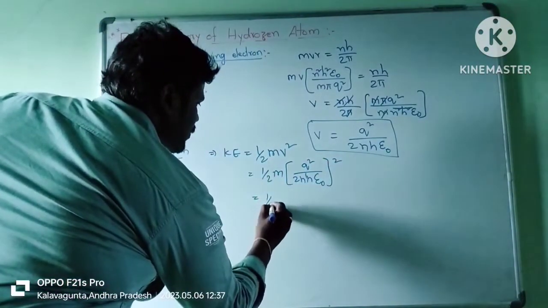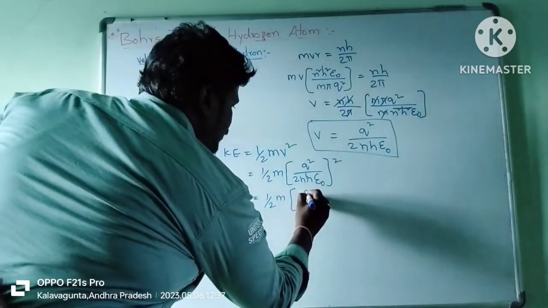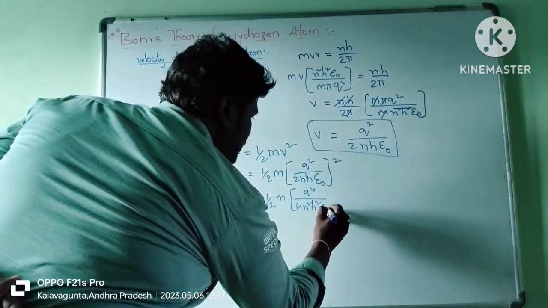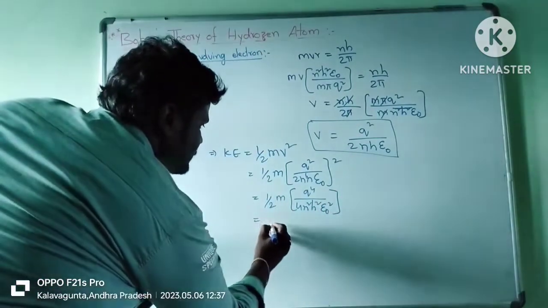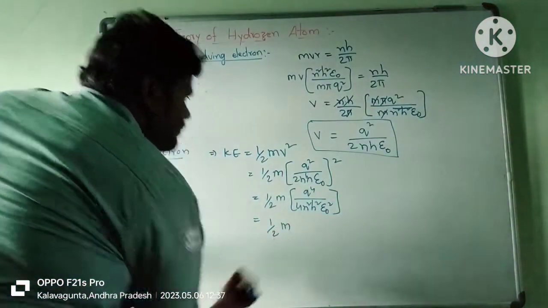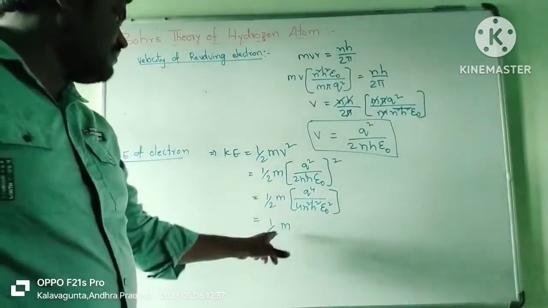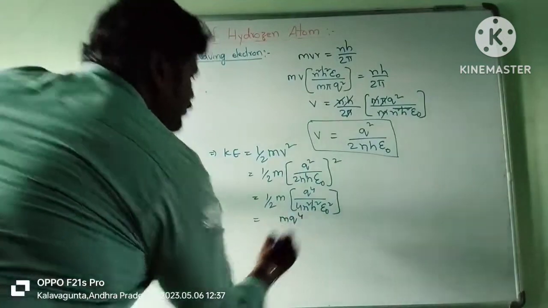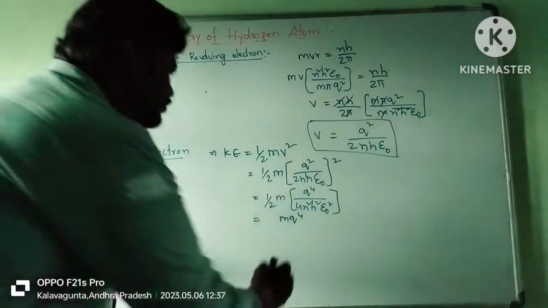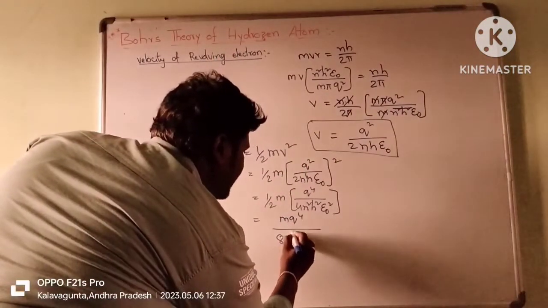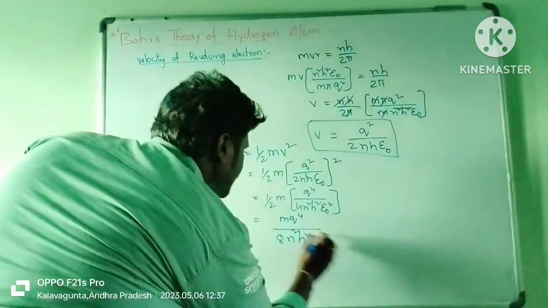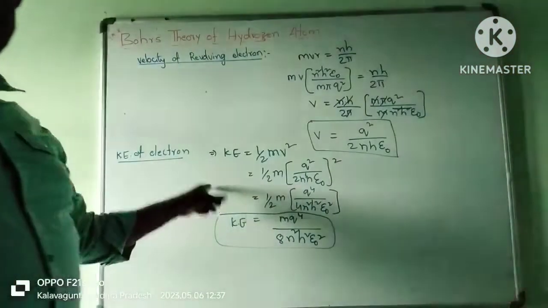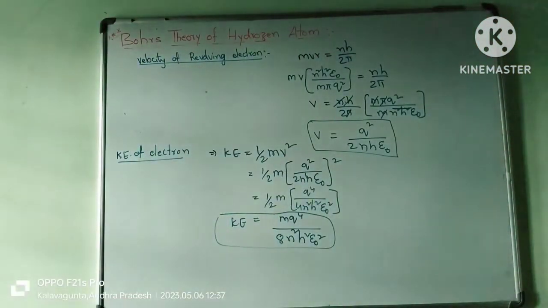This implies 1 by 2m into q power 4 by 4 n square h square epsilon naught square. This half m we are multiplying, so directly m q power 4 by 8 n square h square epsilon naught square. This is the kinetic energy of an electron when it is revolving in the orbits.